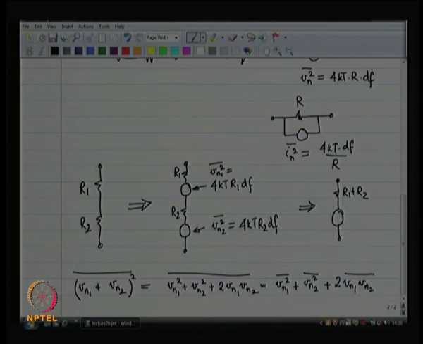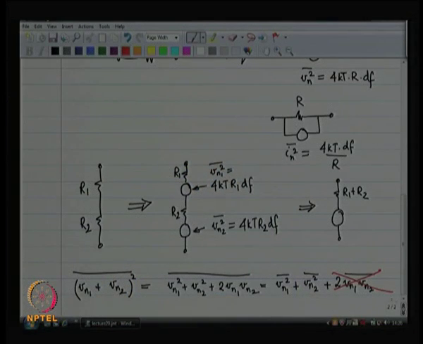Since these two noise sources are mutually independent, random processes that do not have any bearing with each other, the cross correlation of Vn1 and Vn2 is equal to 0.